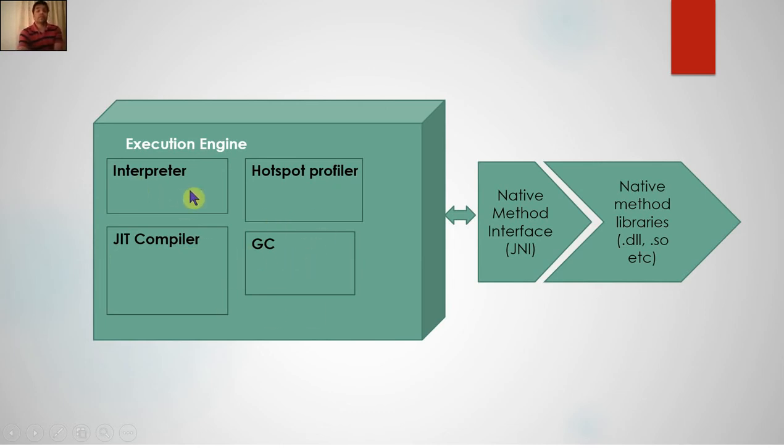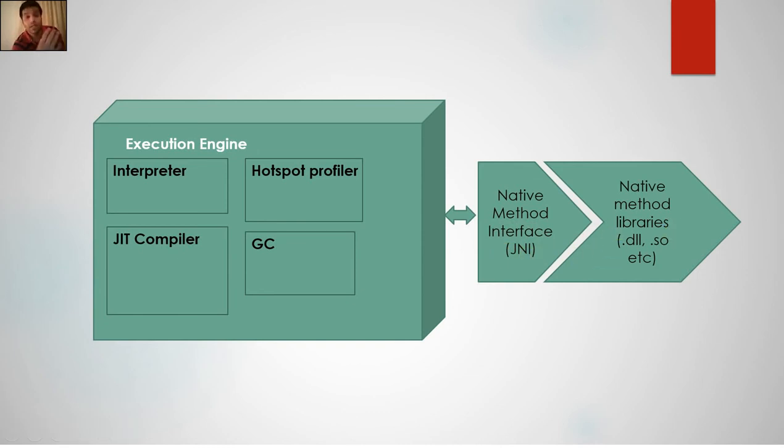The interpreter takes a bytecode instruction, looks at it, finds out what native operation has to be done, and executes that native operation. That is done using the native method interface, which interfaces with the native method libraries present in the JVM.